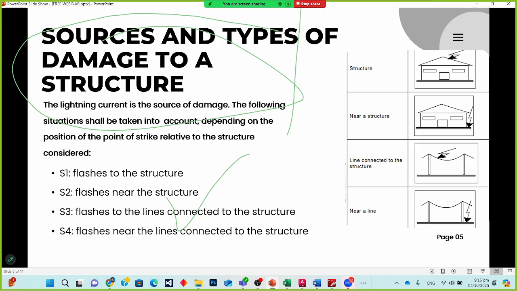So this is the third source of the lightning. And the last one is the flash near the lines connected to the structures. So these are the four sources of the lightning strikes. Due to that, different damages and losses occur. We will see them in the next slides.